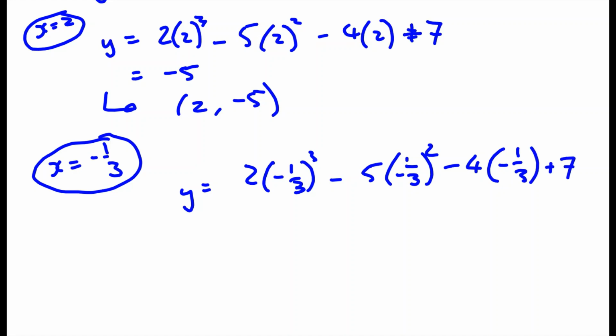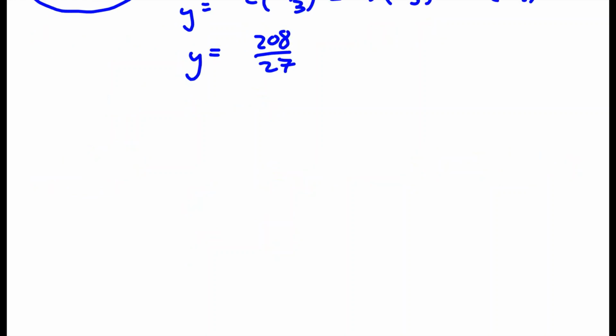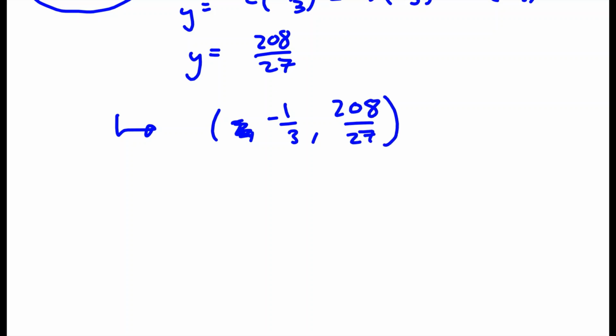Now, we work that out and we're going to get 208 over 27. So our other coordinate is negative 1/3, 208 over 27. Good. So we've now got the stationary points, and we have to say whether these are maximums or minimums.